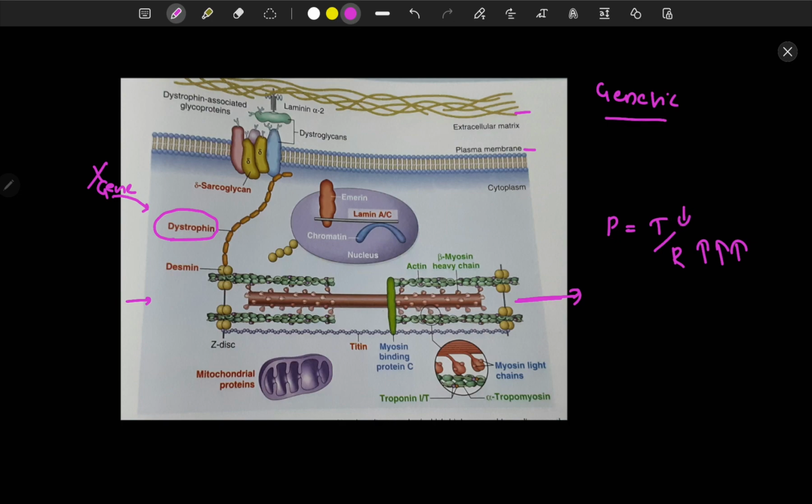That means there is reduced tension. So you can see that there is a dramatic decrease in the pressure. So the ventricle is unable to generate such pressures to eject its blood. That means there is systolic failure.